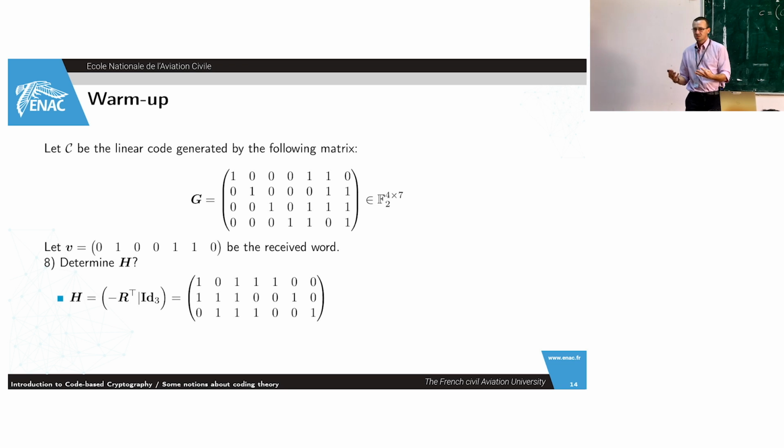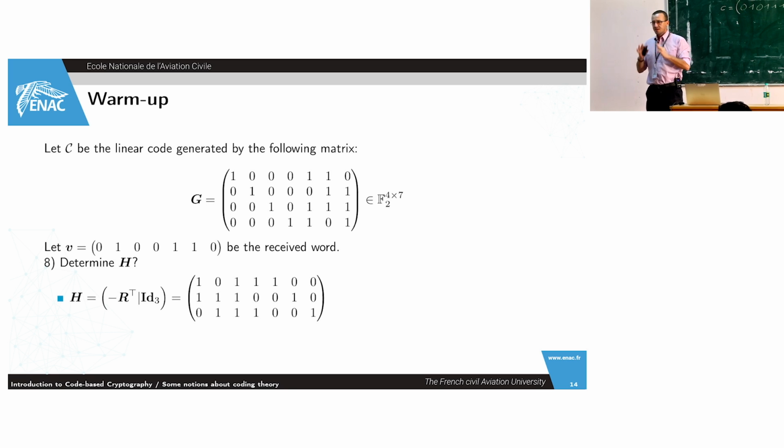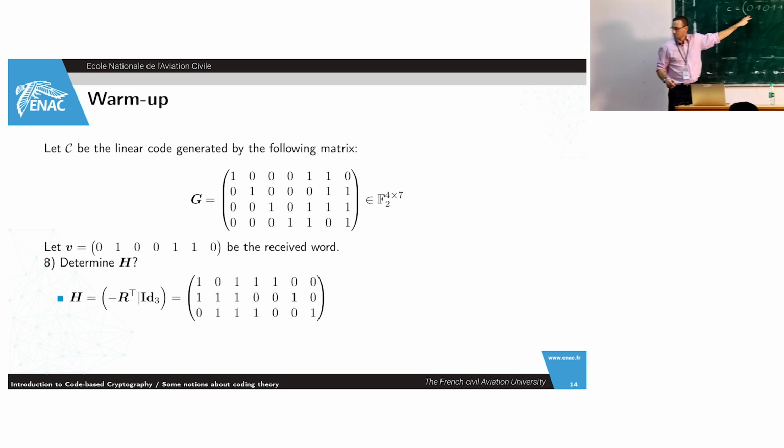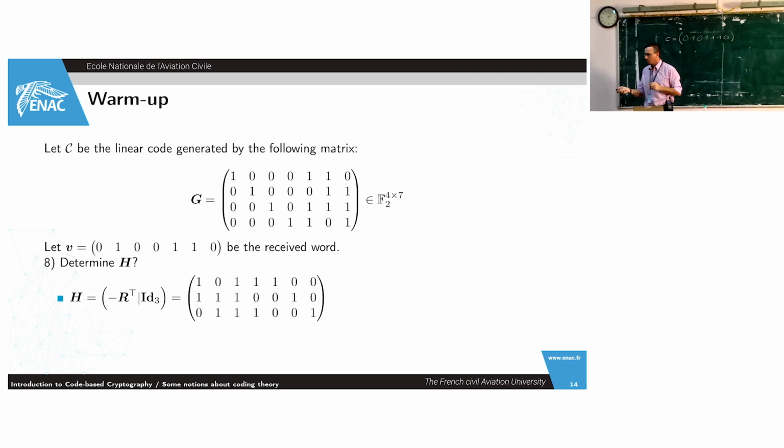We are in binary, so -1 and +1 are exactly the same thing: -1 equals 1 modulo 2. And the identity of dimension 3. And we are going to find the exact same results simply by computing the syndrome of this vector V that we received.